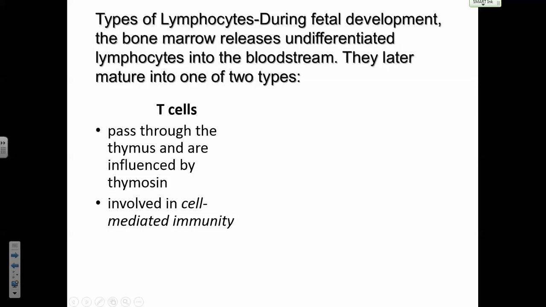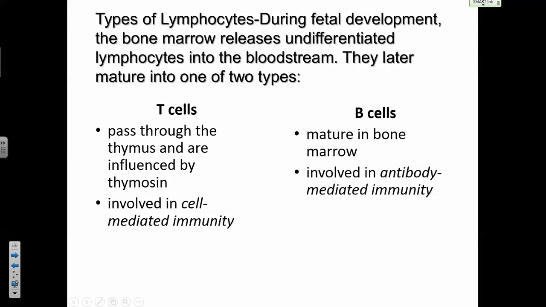You'll see what that means later on today. The other kind of lymphocyte is assumed to mature just in the bone marrow, so that's where it gets its boot camp of recognition. They're called the B cells or the B lymphocytes. These are the ones involved in humoral, or antibody mediated immunity.